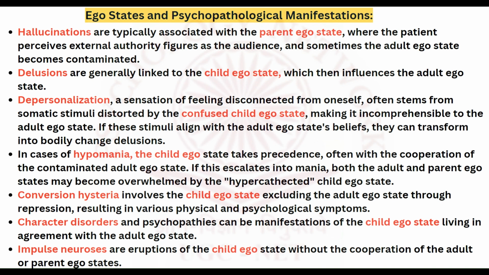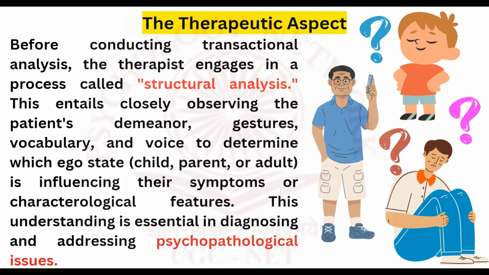Other than that, delusions, depersonalization, hypomania, conversion, hysteria, character disorders, and impulse neurosis are all related to the child ego state. So except hallucinations, all are related to the child ego state. From this slide onwards, it's not very important for UGC aspirants.